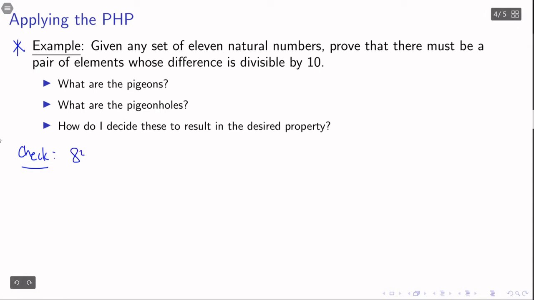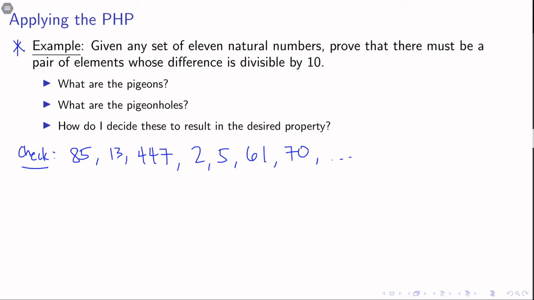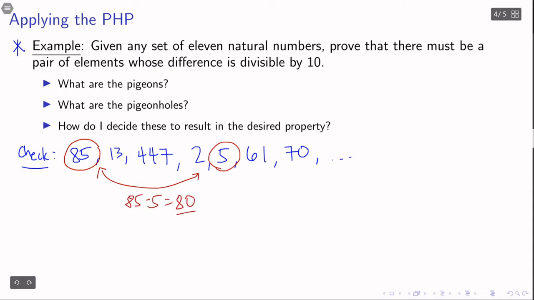So, I don't know, 85, 13, 447, 2, 5, 61, 70, and so on, until you get 11 of them. Now, even if I don't finish listing this all out, I already see that I have two numbers such that when you take their difference, you have a number that's divisible by 10.